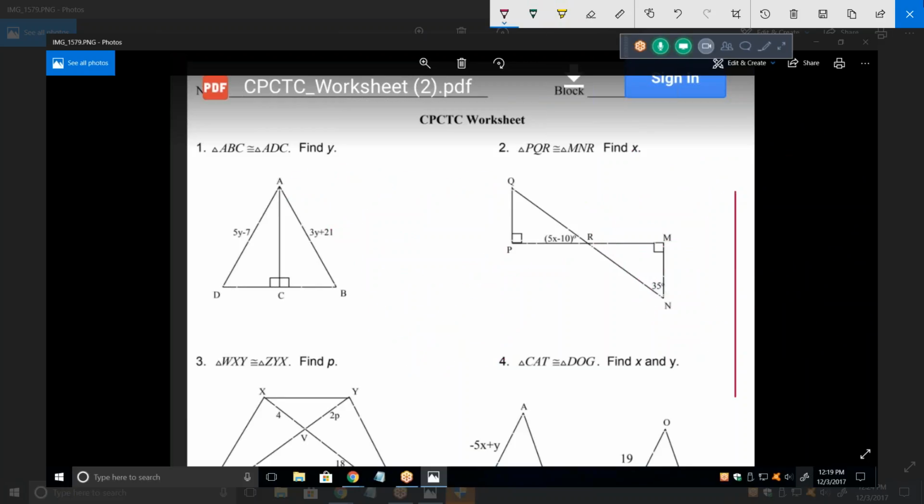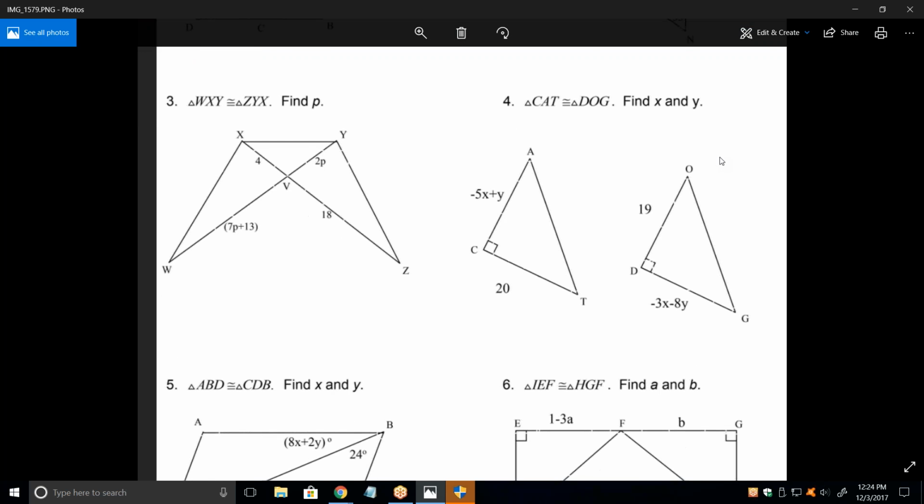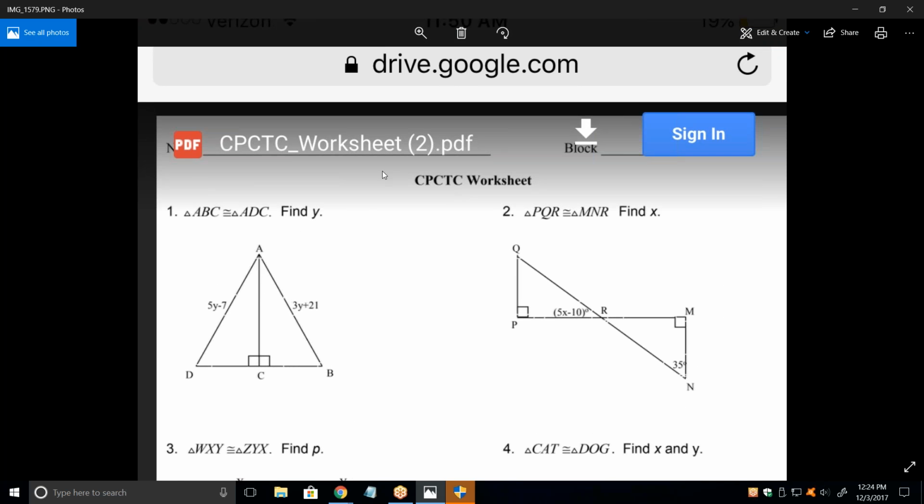All right, hold on a second. Scroll down a little bit. Now notice that the instructions say CPCTC worksheet. What's the CPCTC stand for? Congruent. No, actually not. What is it?